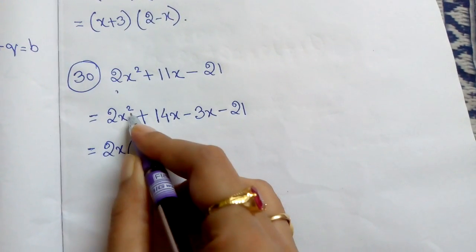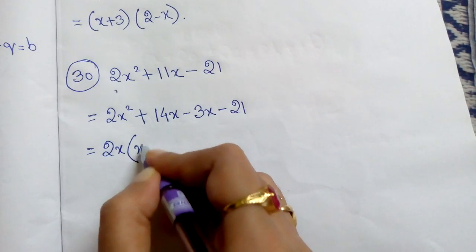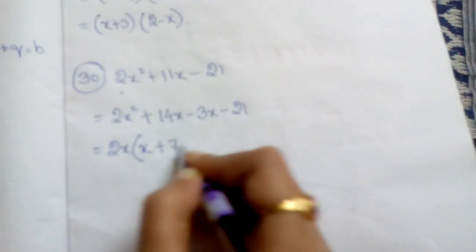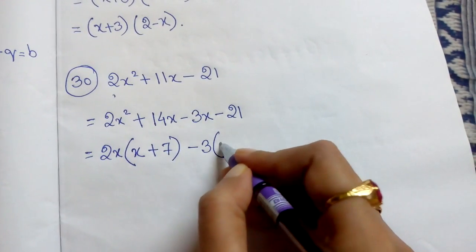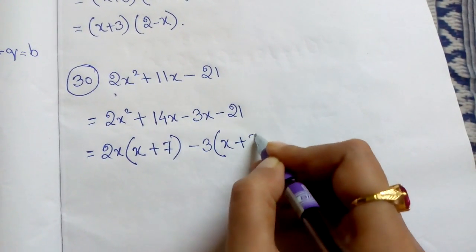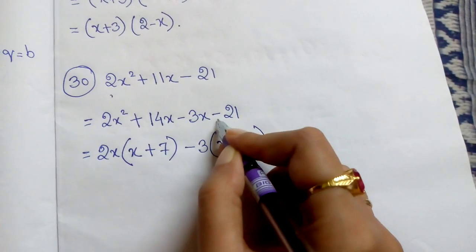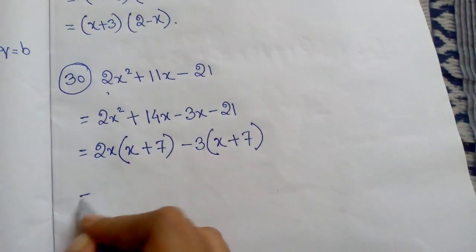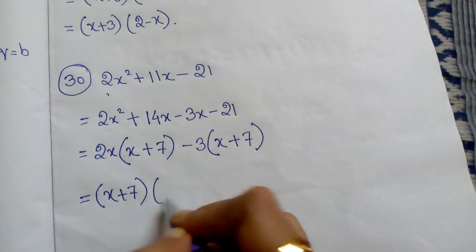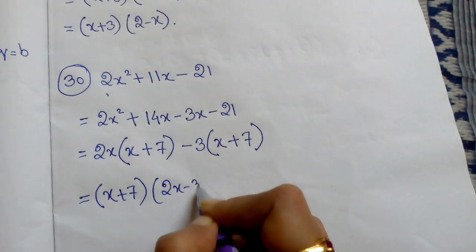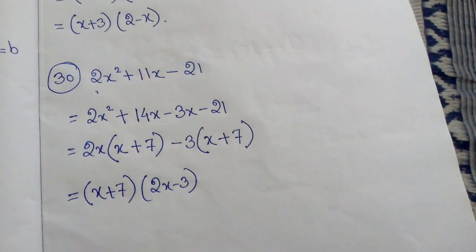What is left? Over here x square is given, so x will be left, plus 7. Minus 3 I can take common. So what is left? x plus 7, because plus minus will give me this minus back. So x plus 7 I can take common and 2x minus 3. So this is my answer.